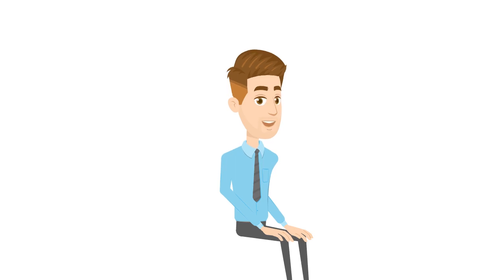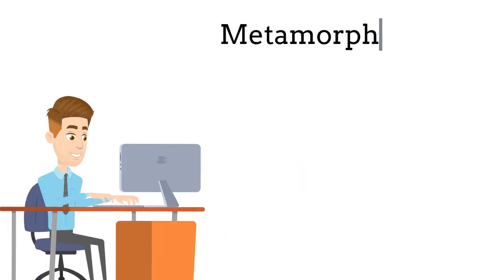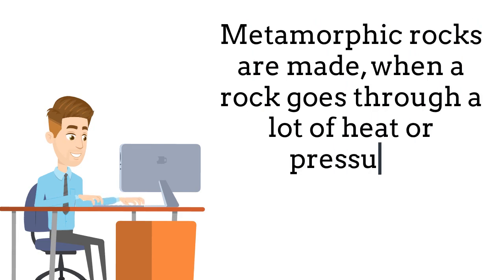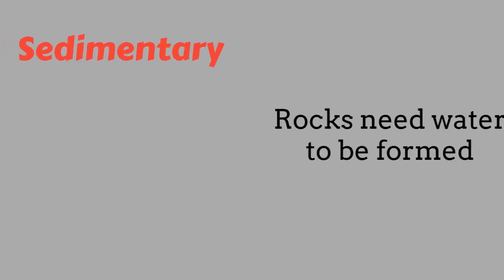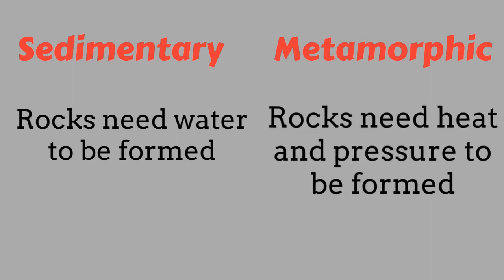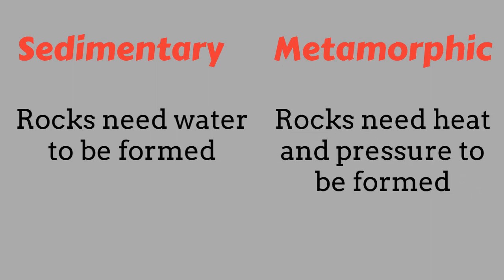Let's move to our second category of rocks, and that is metamorphic rocks. Metamorphic rocks are made when a rock goes through a lot of heat or pressure. Remember, sedimentary rocks need water to be formed. And metamorphic rocks are different. Metamorphic rocks need heat or pressure to be formed.